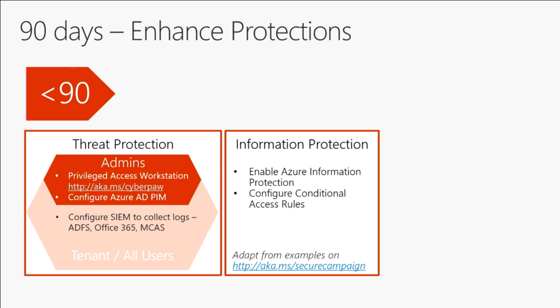So great reference information there, and adapt that to your scenario as appropriate. The political campaign thing tends to be an extreme example, but the reality is the technical designs are very, very generally applicable.